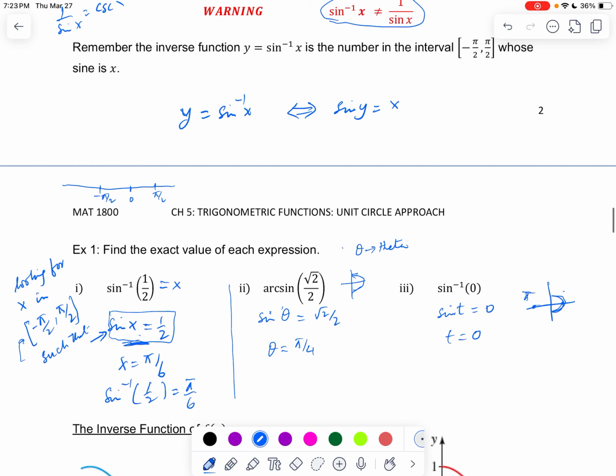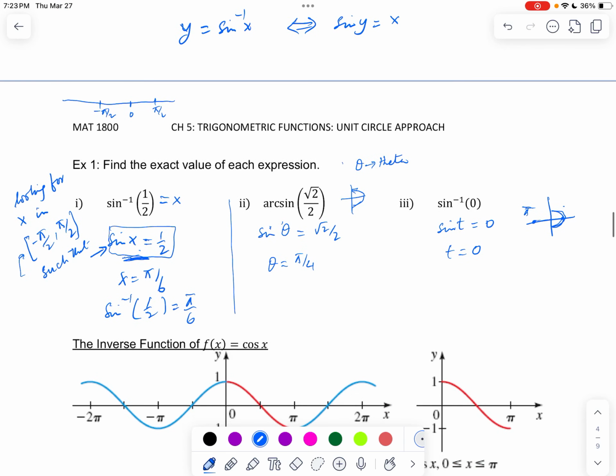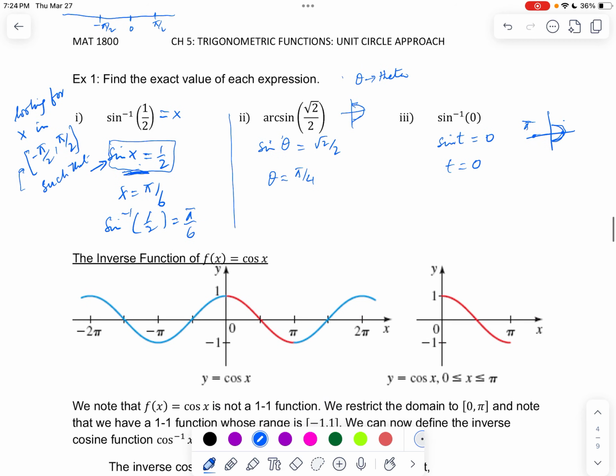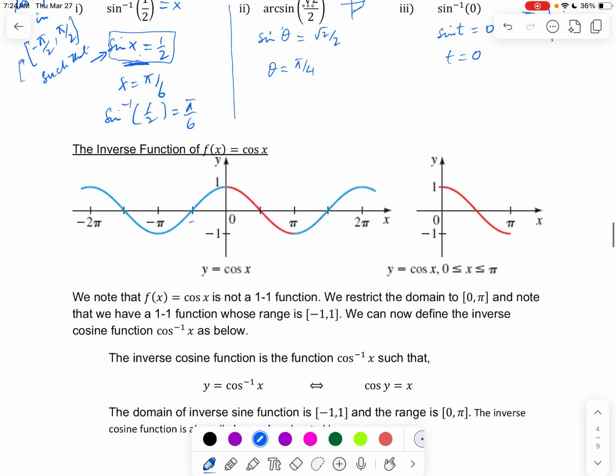Okay, in the same way, we can define the cosine inverse or inverse cosine function. And how do we do that? We have to restrict the domain. So we try to see if we can restrict the domain to the same interval, or will it be different? Notice that negative pi over 2 to pi over 2 will not work, because it does not give us a one-to-one function.